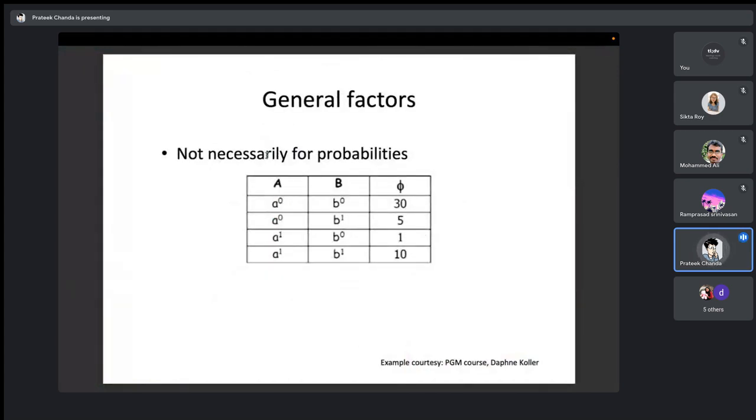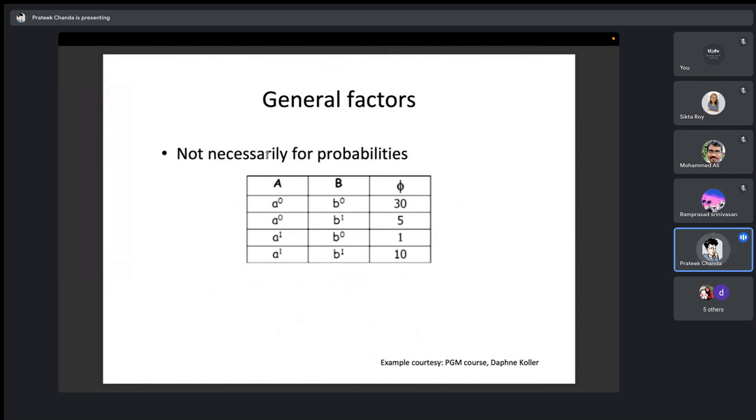Another way to see it is that this function phi may not be only in the case of probabilities. The probability obviously is a function, because it outputs a value between 0 and 1, but there can be other notions of defining a function.